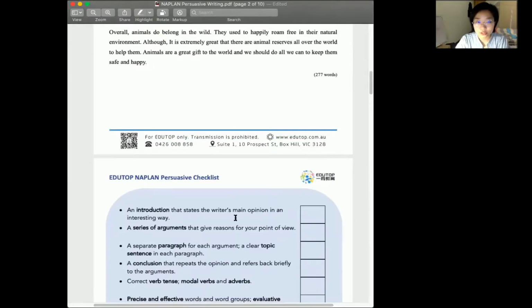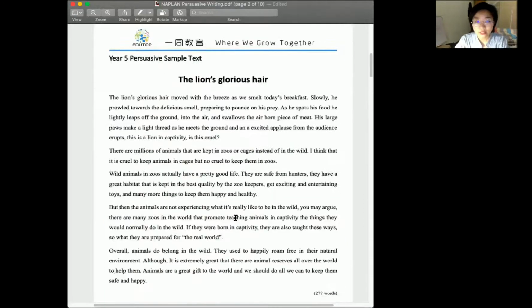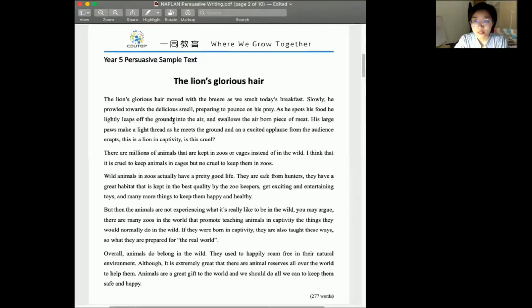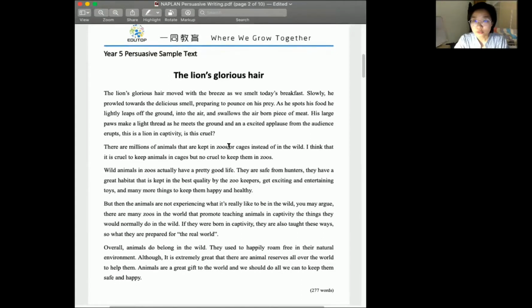For the introduction, do we have a clear introduction in this writing? You can see the first paragraph. Do you feel the difference between the normal persuasive writing you read and this one? It's a little bit different, right?